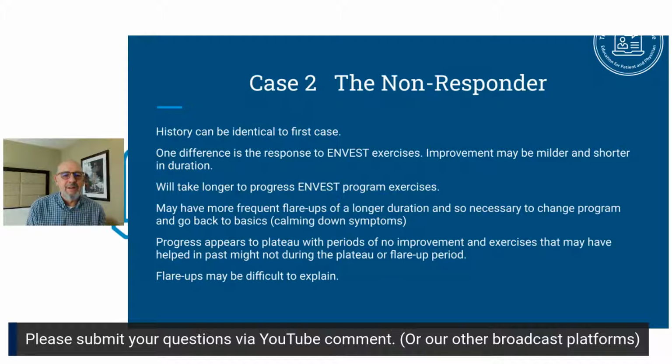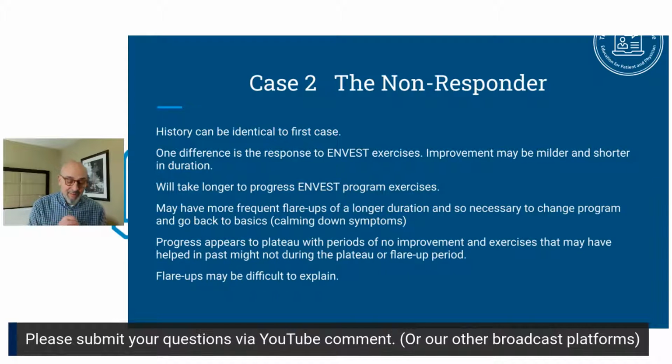The other characteristic of a non-responder is they tend to have more frequent flare-ups. Everybody has a flare-up, but these patients, they're more frequent, they're of longer duration. So sometimes they can be days and weeks even, or even longer than that, unfortunately.